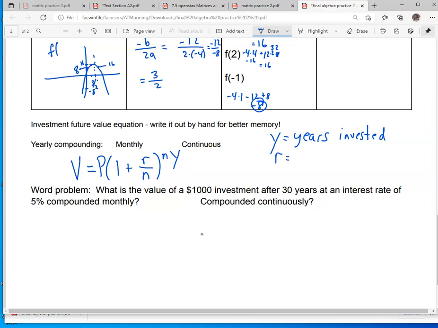R is the rate of interest. N is the number of compounding per year. And P is my principal, my starting value. Principal.